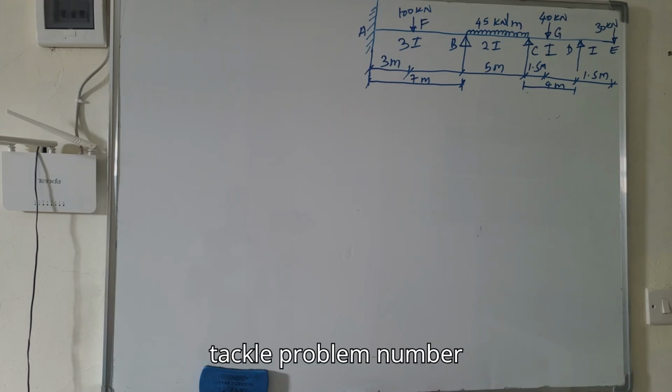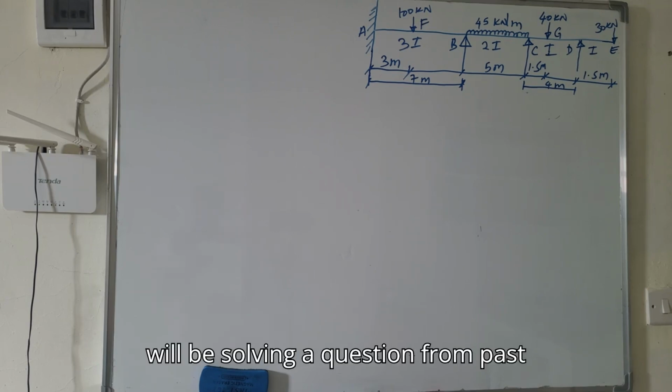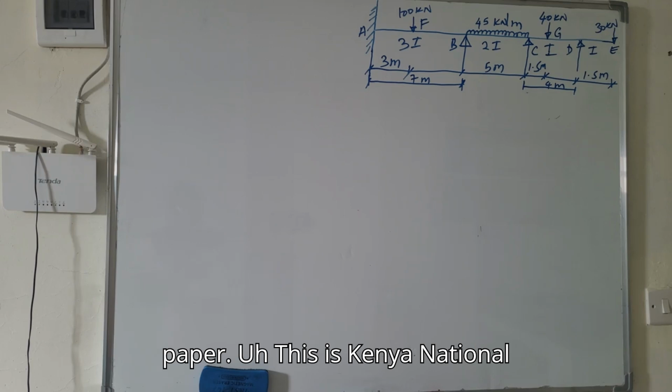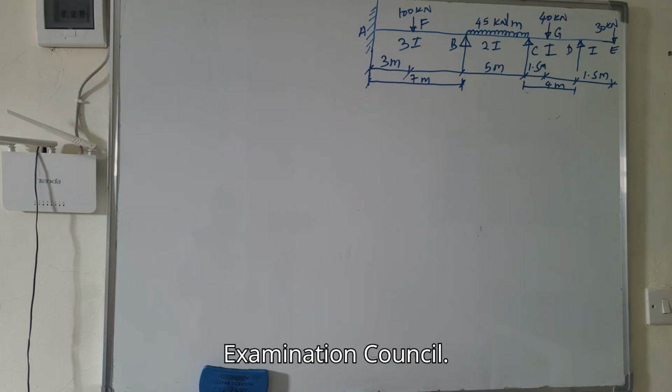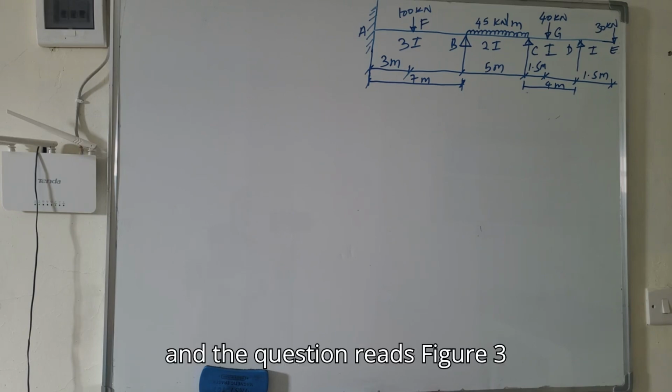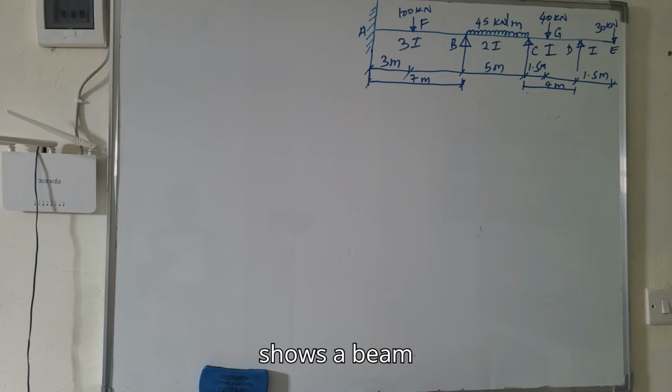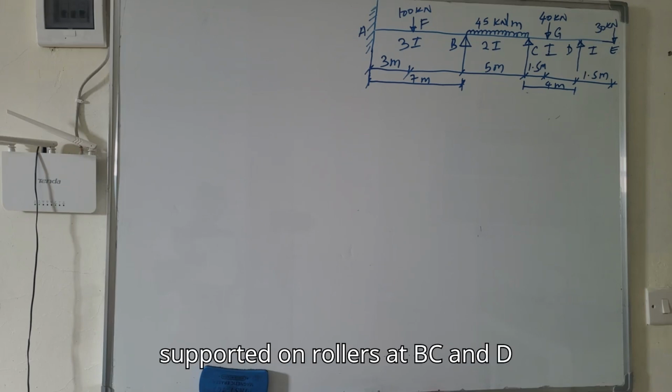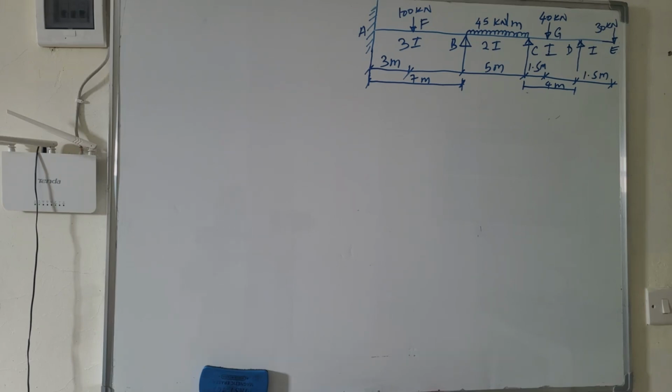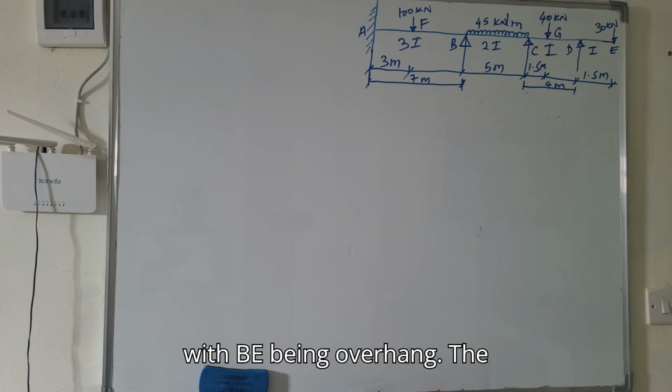So today I want to tackle problem number 3 under the three-moment equation, and I will be solving a question from a past paper. This is Kenya National Examination Council 2009, and the question reads: Figure 3 shows a beam ABCDE built in at A and supported on rollers at B, C, and D, with DE being overhung.